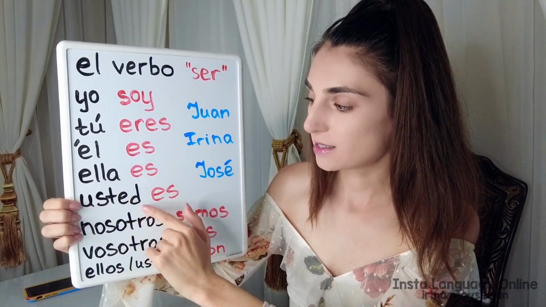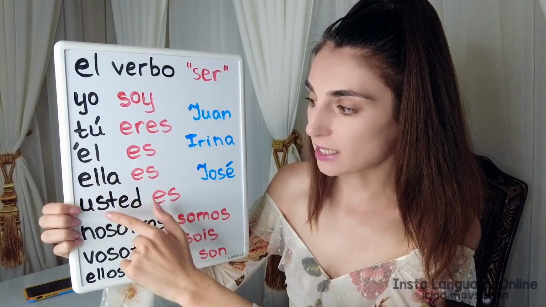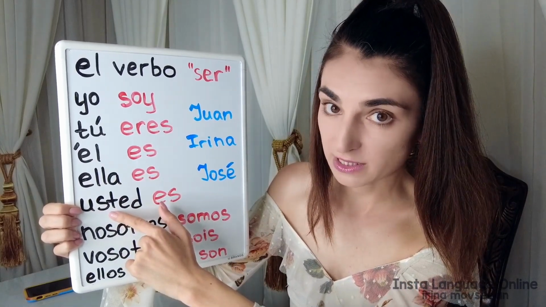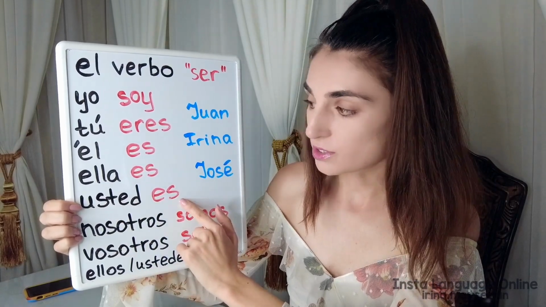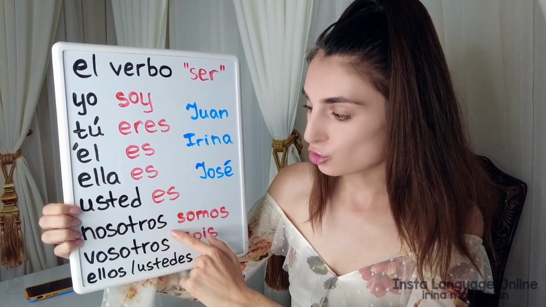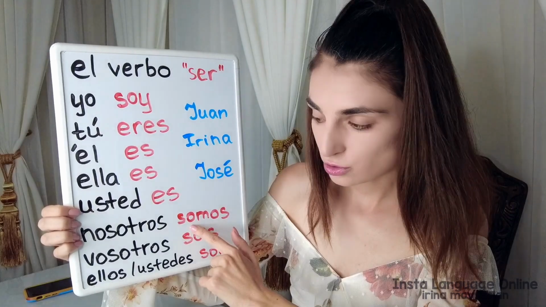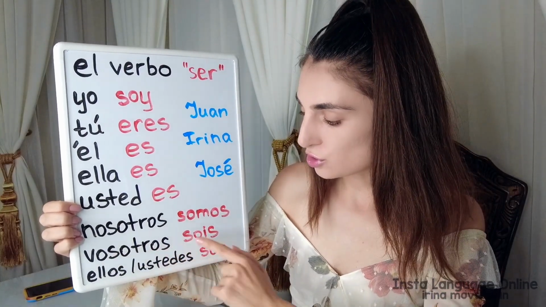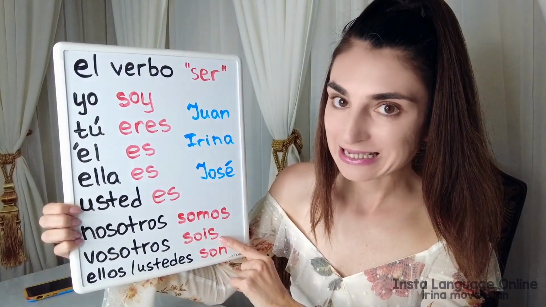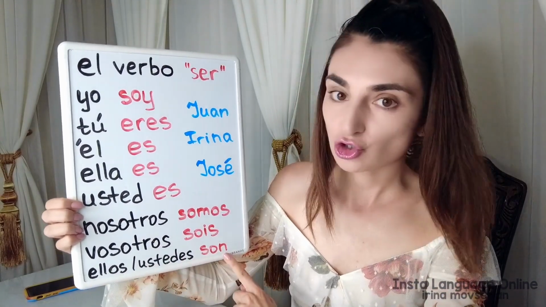Usted es. So he is, she is, and you, polite form, singular. Also the form S, SSS. Nosotros somos, somos. Vosotros sois, sois. Ellos o ustedes son.